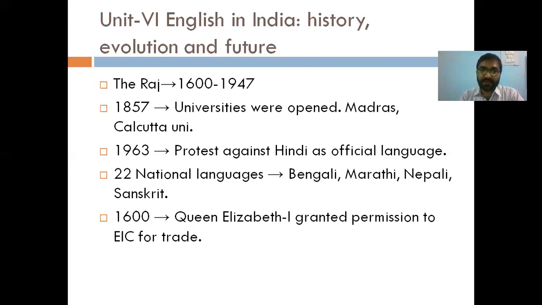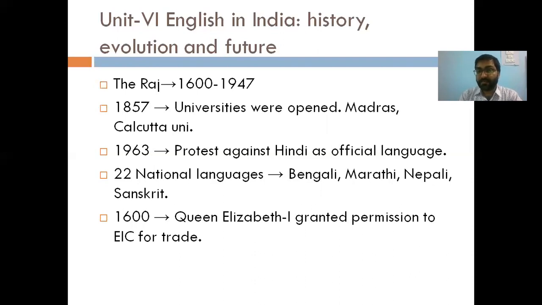In 1857, universities were opened, the first in Madras, Calcutta, and Bombay. In 1963, there were protests against Hindi as the official language.